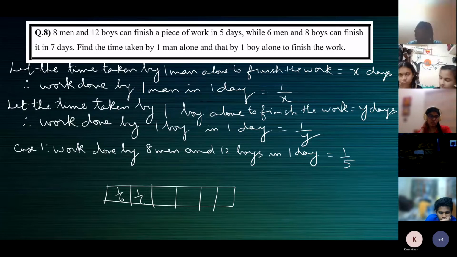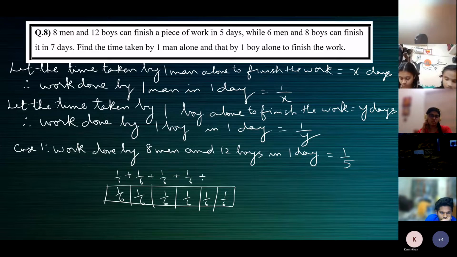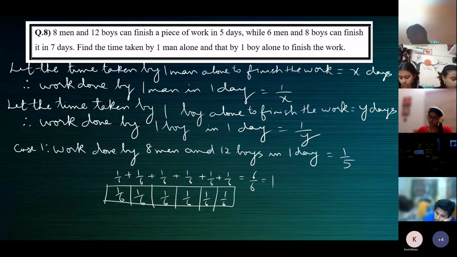So 1/6 plus 1/6 plus 1/6 plus 1/6 plus 1/6 plus 1/6 is 6/6, which is 1. You finish 1/6 of the work every day.